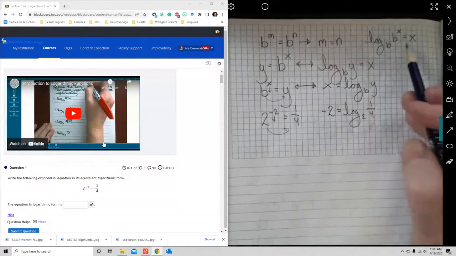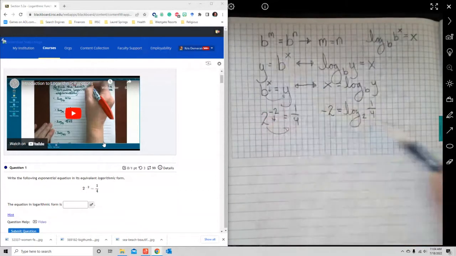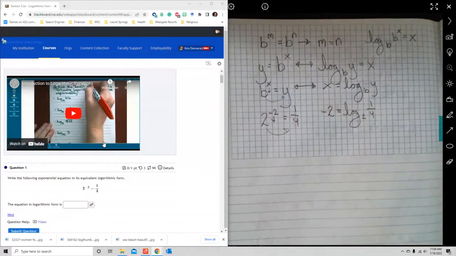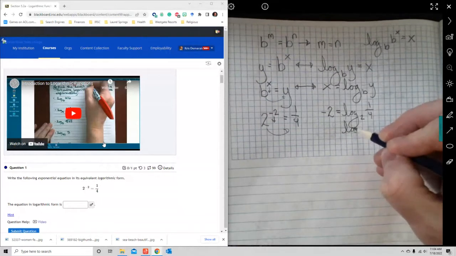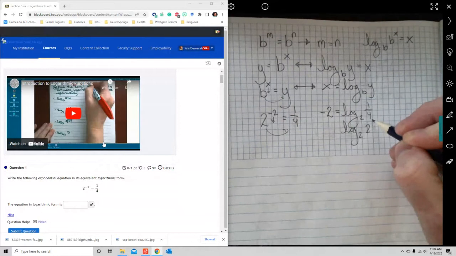Now, that property follows what I was doing over here with you, that if we can get these to match, then it can be equal. Well, we know that 4 is equivalent to 2 to the negative second, so we can rewrite this as log base 2 of 2 raised to the negative second power.